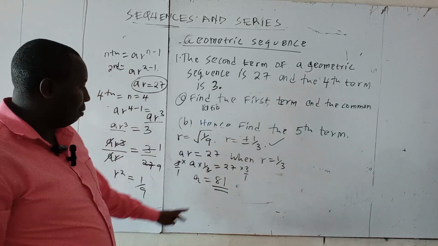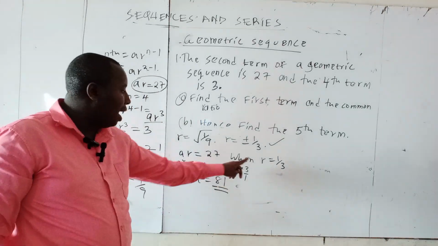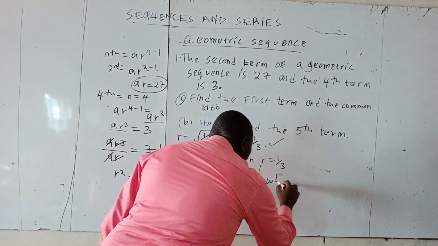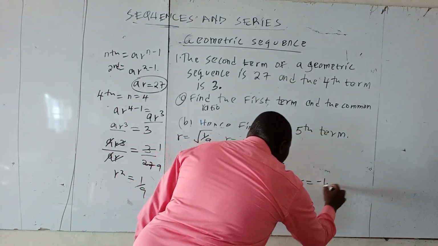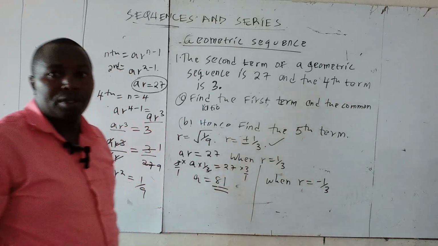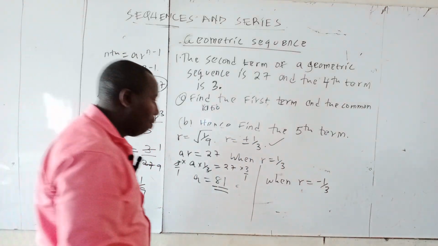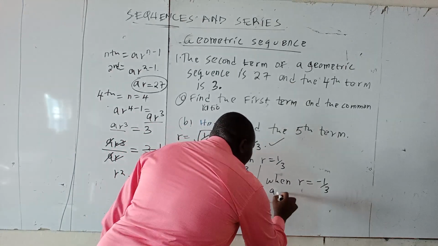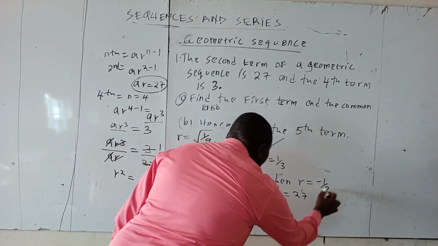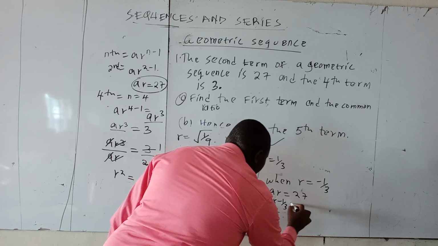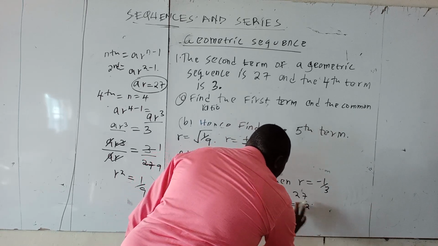So this is the first term when r is positive 1 over 3. When r is equal to negative 1 over 3, what is the first term? So a times negative 1 over 3 is equal to 27.